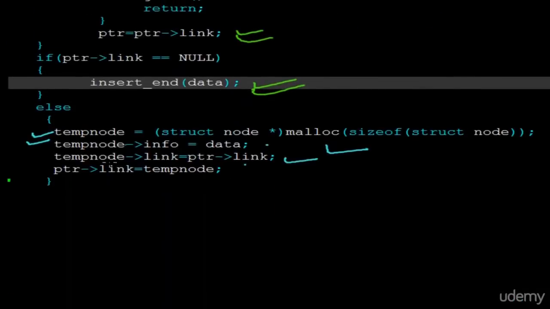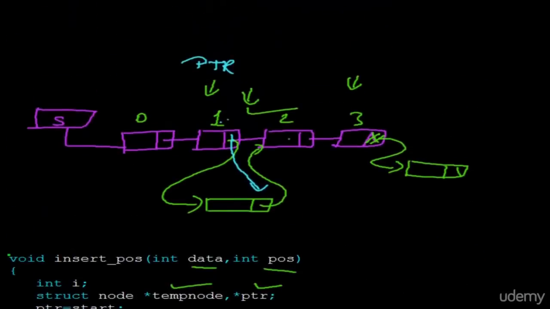Okay, so the temp node's link part will be overwritten by the address of the next node, meaning ptr's link part. At last we will copy the address of this temp node to the ptr's link part. Ptr's link part needs to be overwritten by the temp node's address.